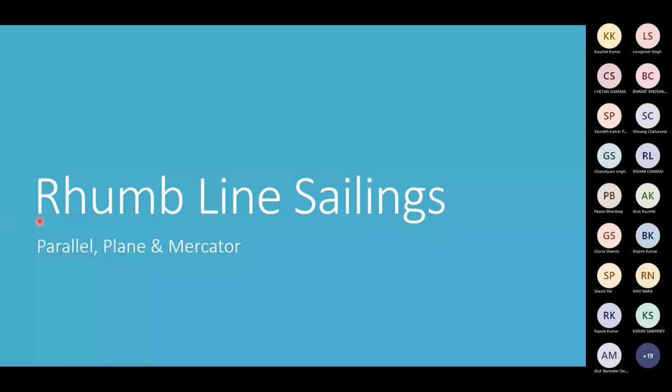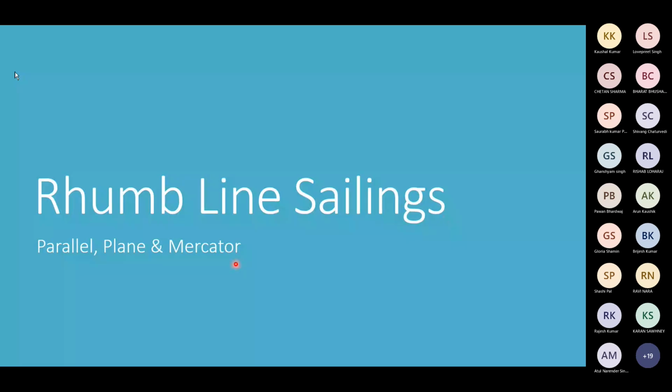This presentation is going to take us into rhumb line sailings. There are basically three sailings which fall under the rhumb line sailing topic. That is the parallel sailing, the plain sailing, and the Mercator sailing.